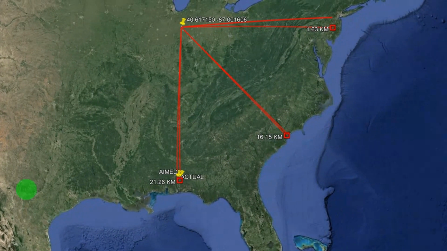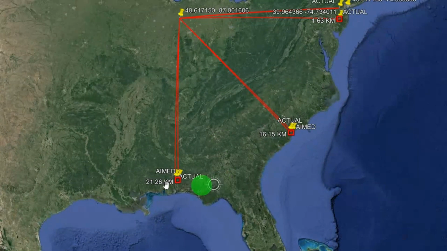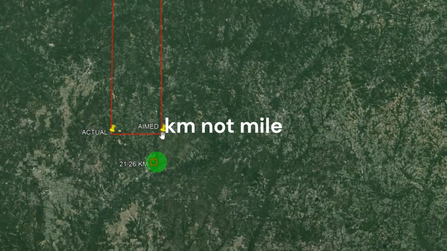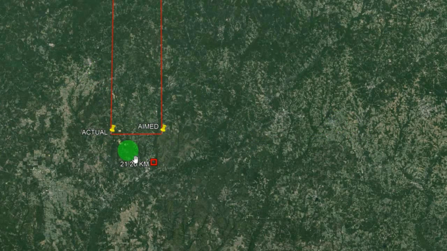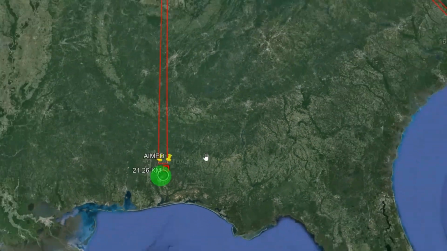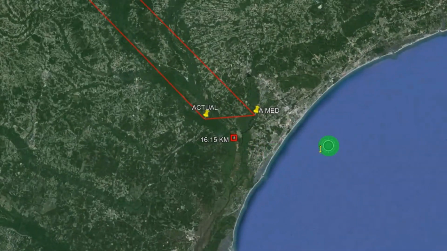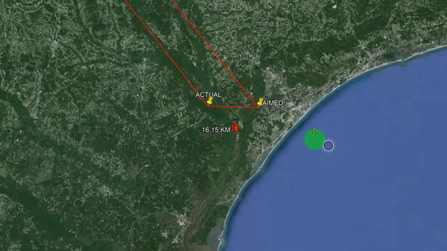And then let's put in the actual aimed points. So we can see in each case that's 21.26 miles offset. Like I said, less than a degree change in the expected bearing. This is about 16.5. Let's level that up.